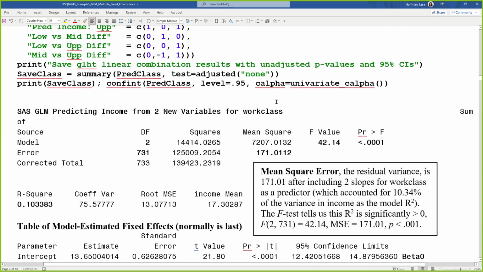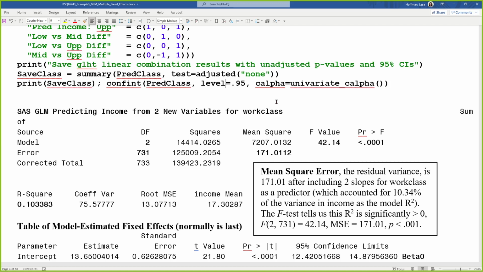So, big picture. What is all of this for? Predicting. So this process is relevant whenever you want to predict a quantitative outcome from a categorical predictor. That's what this is, big picture.